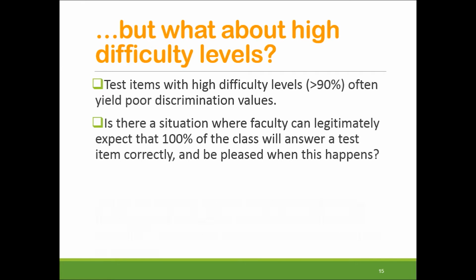With mastery items, the faculty would assume that if 100% of the students do not answer a mastery item correctly, they have missed out on essential content. And again, you must take an action here.